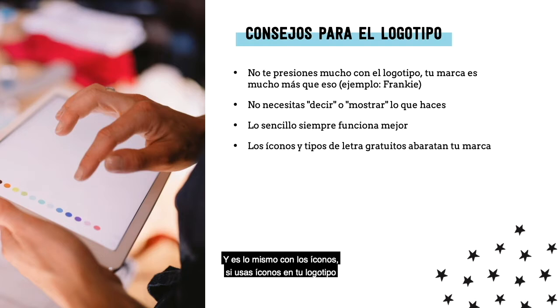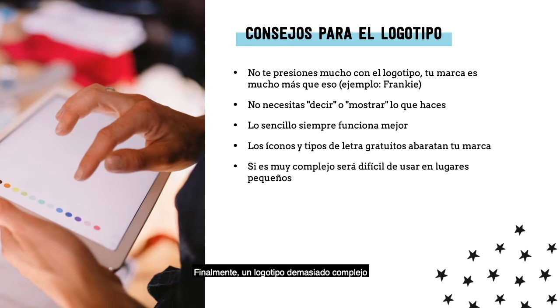And it's the same with icons. If you use icons in your logo, using free icons that we are used to seeing everywhere on websites buttons, because they're free and publicly available, will cheapen your brand as well. And finally, too busy of a logo means that it will be hard to use it in small places. Sometimes it's easy to get a little bit too much in the details of a logo, and it becomes a piece of art really, and a drawing and an illustration, where it should really be a very, very simple line work.